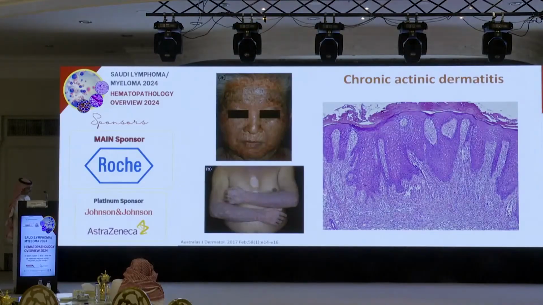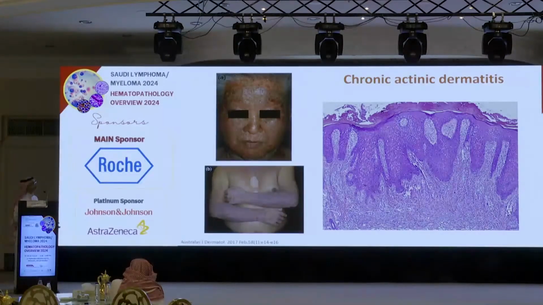Then another one here, chronic actinic dermatitis. This is one of the entities that can be mistaken for mycosis fungoides, but the clinical picture is helpful because, from the name, they are usually at sun-exposed areas, while mycosis fungoides is generally in sun-protected areas.